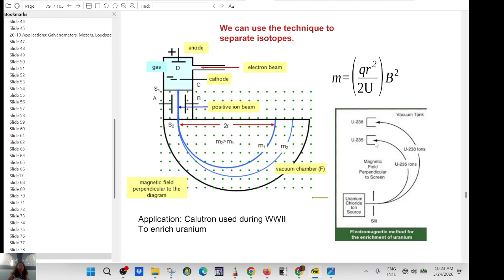The smaller mass, okay? Less inertia will turn sharper, exactly. And you keep doing it, so it's the whole story with Oppenheimer and so forth. It's the Manhattan Project, until you get enough uranium-235.